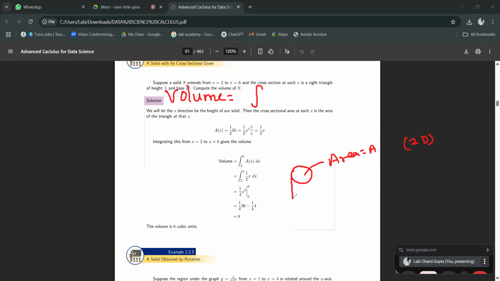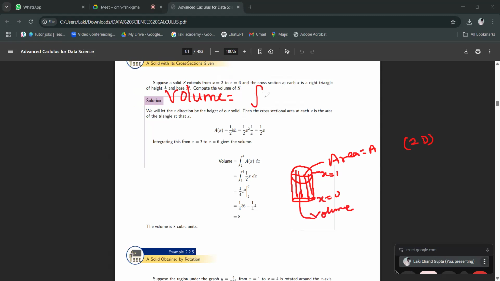But when you take a height of this circle, let's suppose the height is from point 0 to point 1, it becomes a 3D box, and a 3D box has volume.